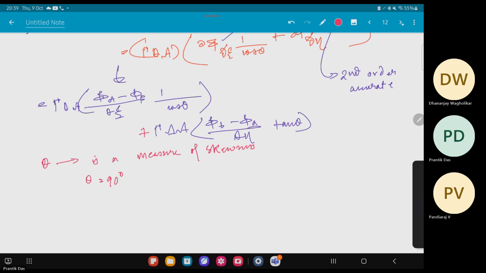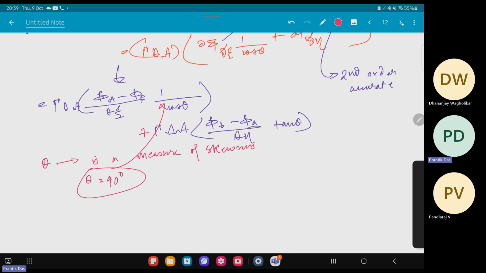Okay? You have to look into it, then you will understand. So if theta is equal to 90 degrees, then this term actually blows up. So I said that sometimes in the case of an unstructured grid, it is difficult to achieve convergence.